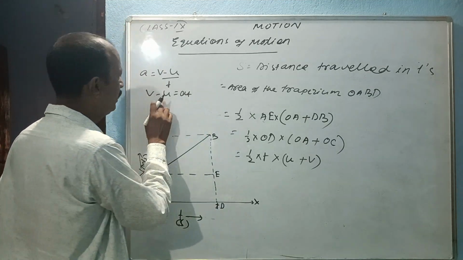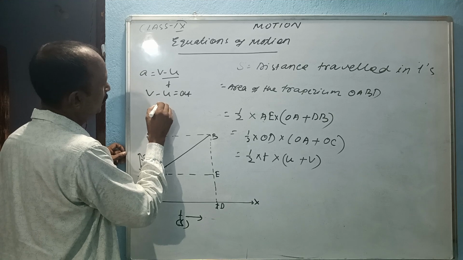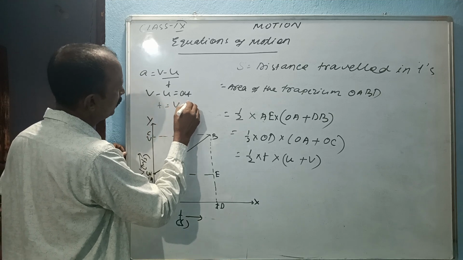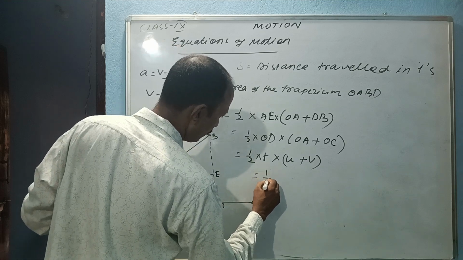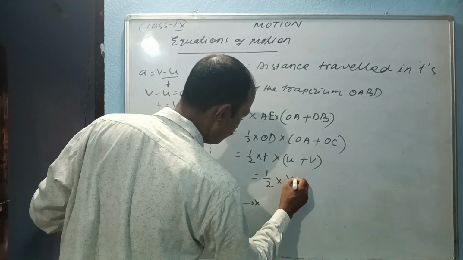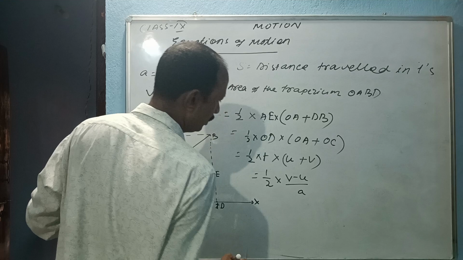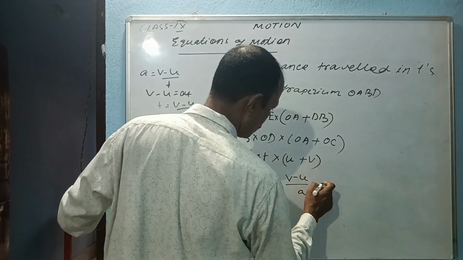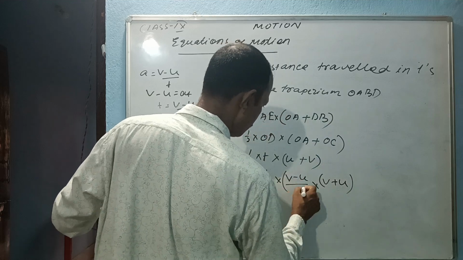So here v minus u equal to at, or I can write that t is equal to v minus u by a. So here you see 1 by 2. In place of t I am writing v minus u upon a, and here u plus v, or you can write v plus u, it does not matter.